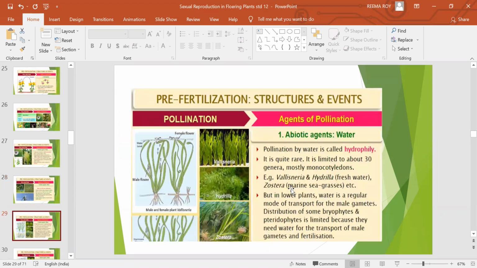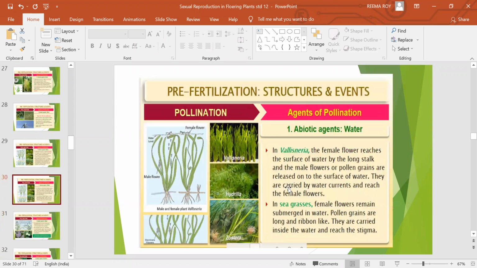Remember, if the pollination occurs by water, it is called as hydrophily. ठीक है. इसका example Vallisneria and Hydrilla. Remember, Vallisneria में क्या है, female flower reaches the surface of water by long stalk. फीमेल टॉल होते हैं और मेल कंपैरेटिवली छोटे होते हैं and release the pollen grains on the surface of the water, and the water currents carry the pollen grains to reach up to the height of female flower. पहले स्टेज में फीमेल बड़ी है मेल से comparatively.